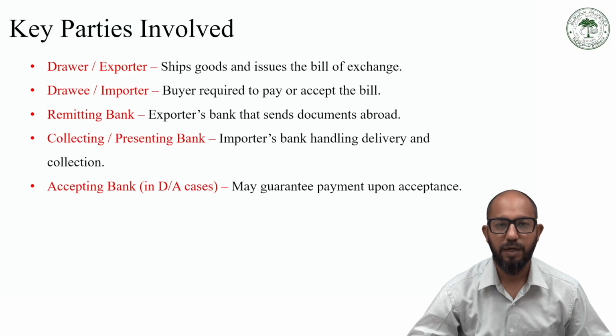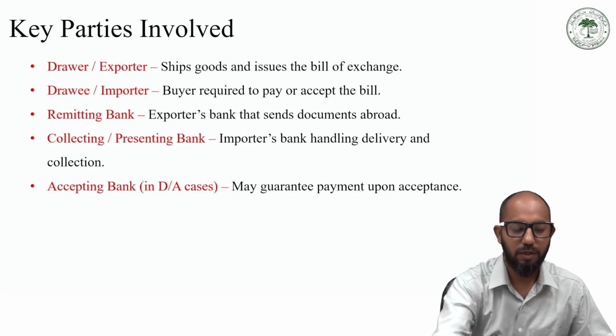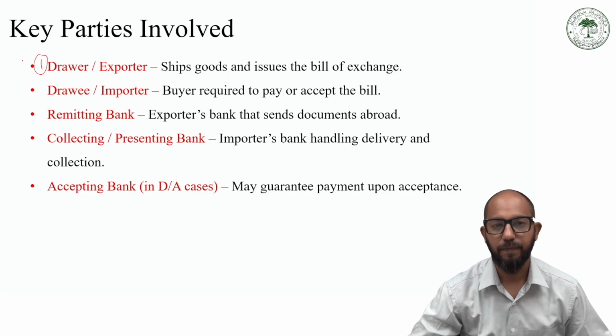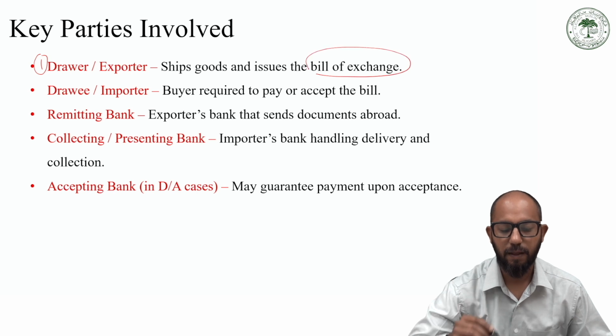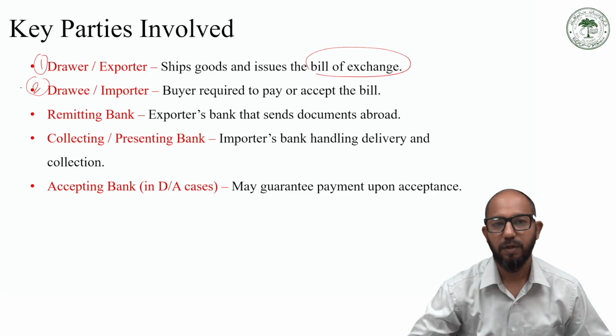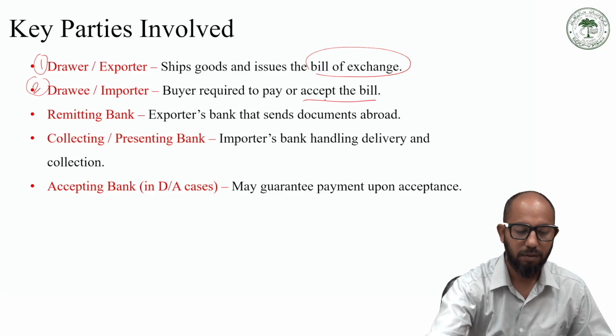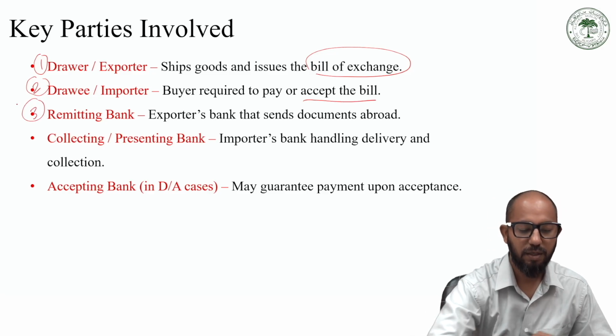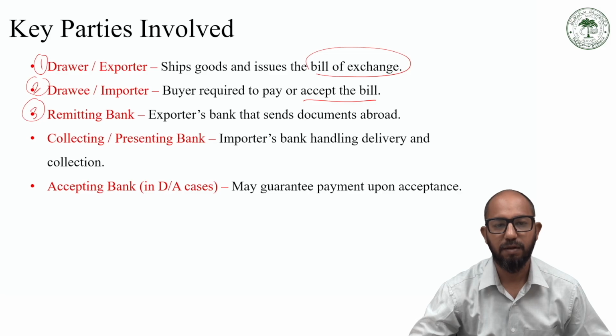Let us now try to identify the key parties that are involved in URC. The first is the drawer or exporter. Their responsibility is to ship goods and issue the bill of exchange. The second is the drawee or importer. It is the buyer, and the buyer is required to pay or accept the bill. The third is the intermediary, that is the remitting bank.